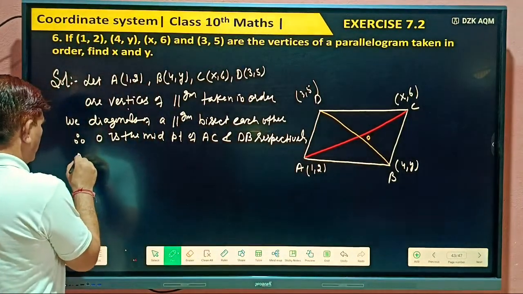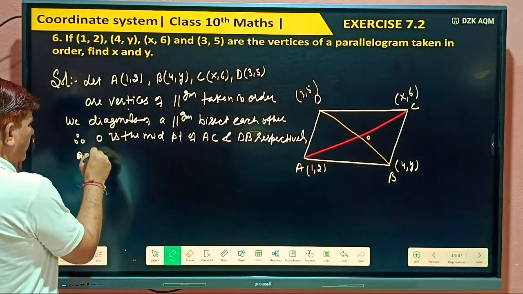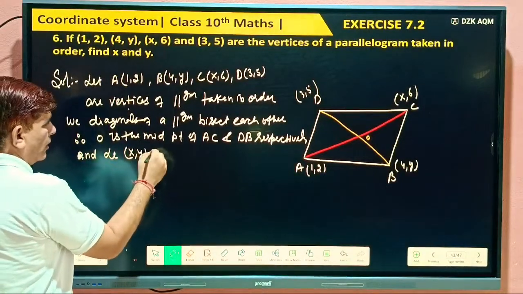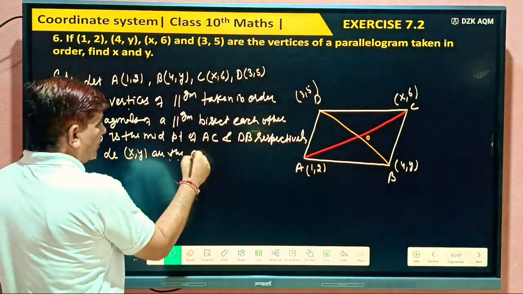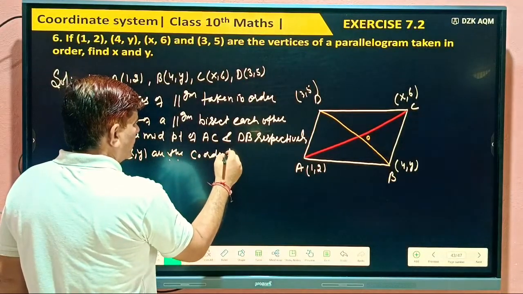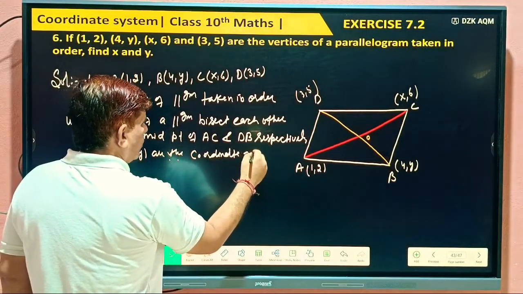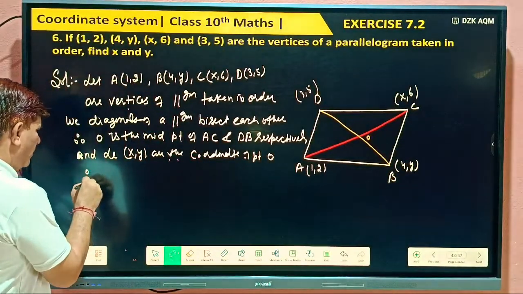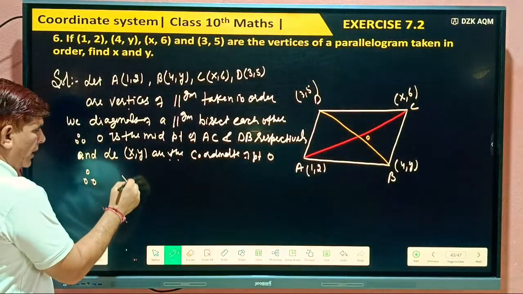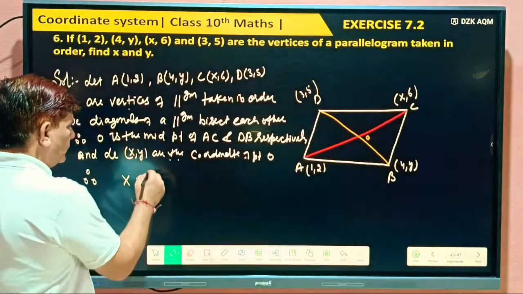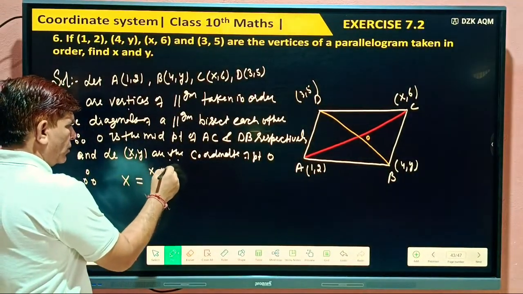Therefore, let x, y be the coordinates of point O. Therefore, x equal to (x1 plus x2) by 2.